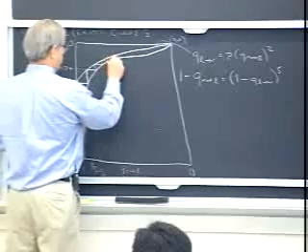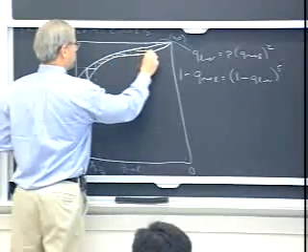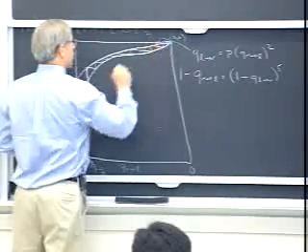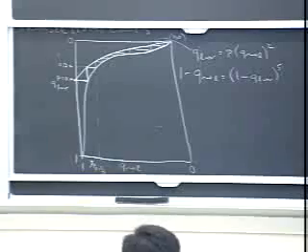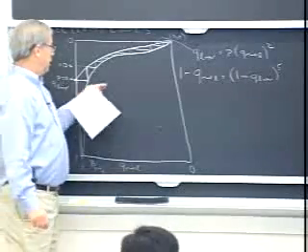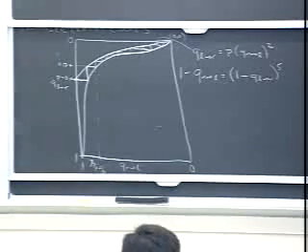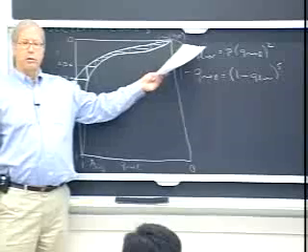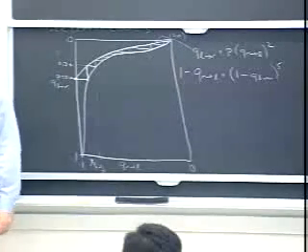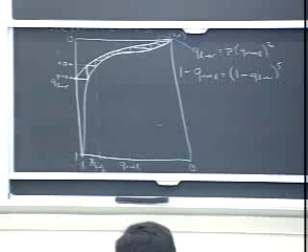And I claim as n goes to infinity, and everything is random, this is the way the erasure probabilities will evolve. And it's clear visually that if the curves don't cross, we get to the upper right corner, which means decoding succeeds. There are no erasures anywhere at the end of the day.